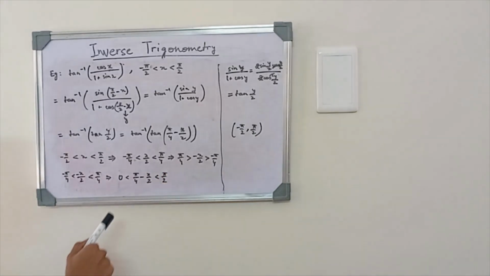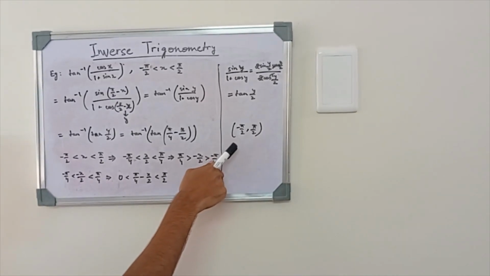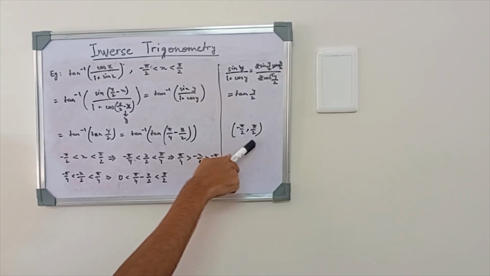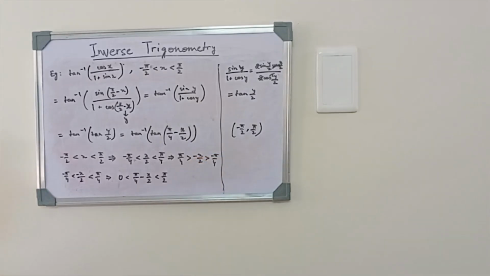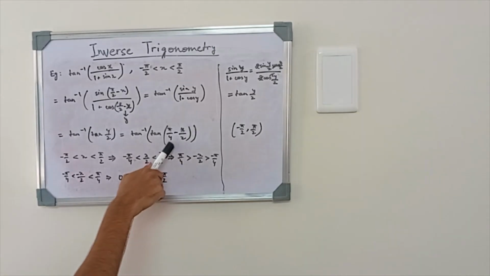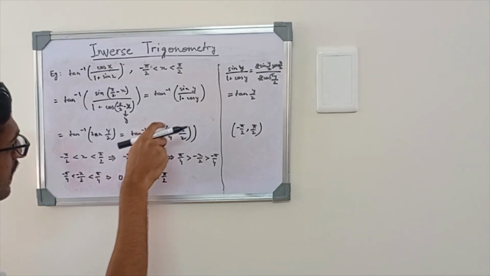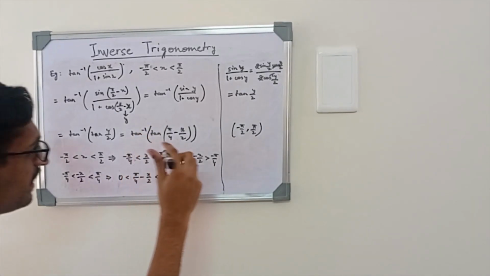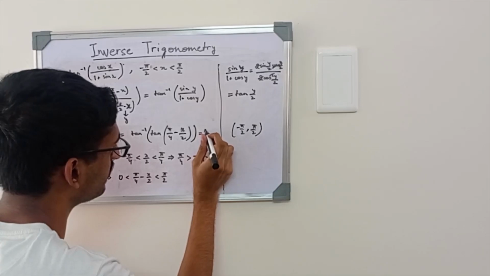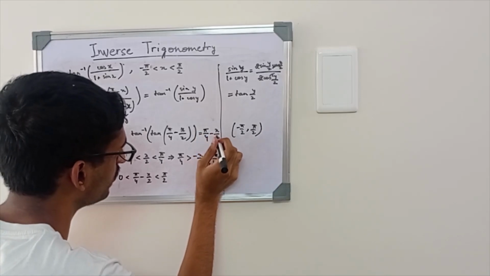So you can see that this angle lies in the range 0 to pi by 2, both exclusive, isn't it? And that is a subinterval of this principal value branch. So in any case, this value will lie within the principal value branch of tan inverse. That means cancelling the tan inverse and the tan is justified in this case, and we can directly write the answer as pi by 4 minus x by 2.